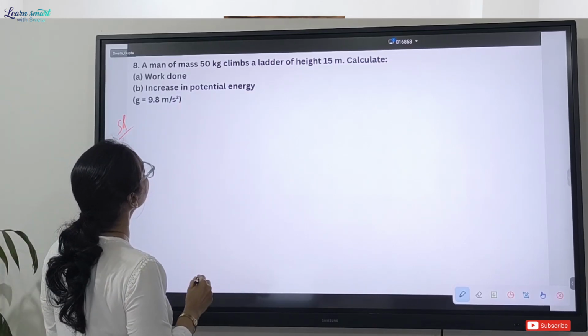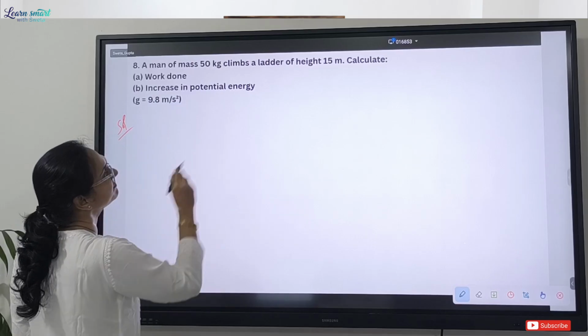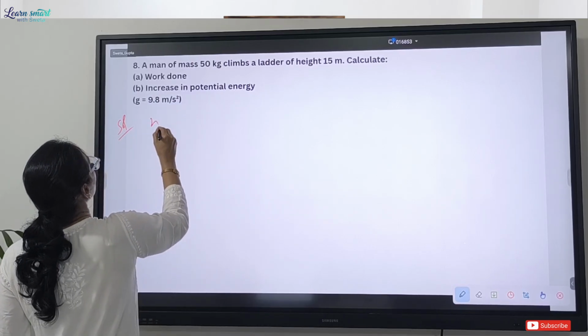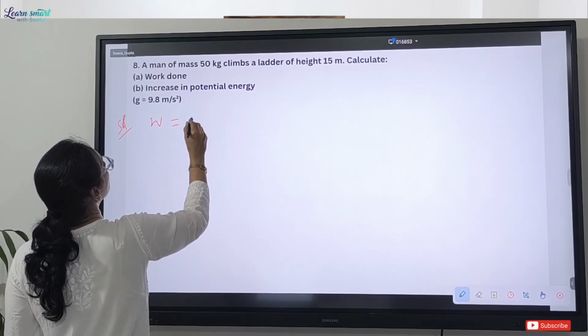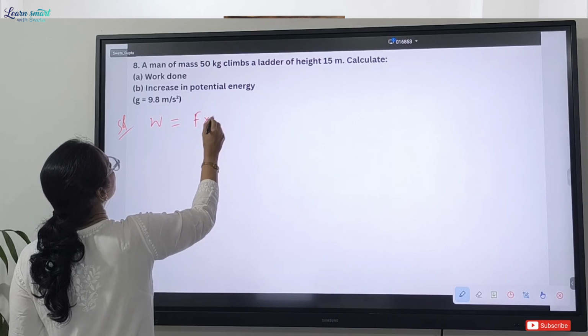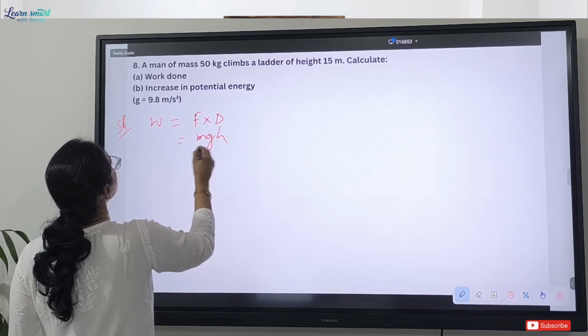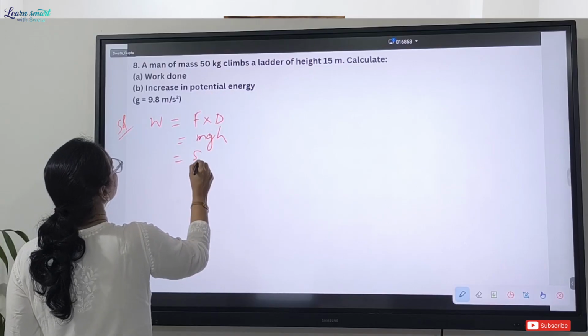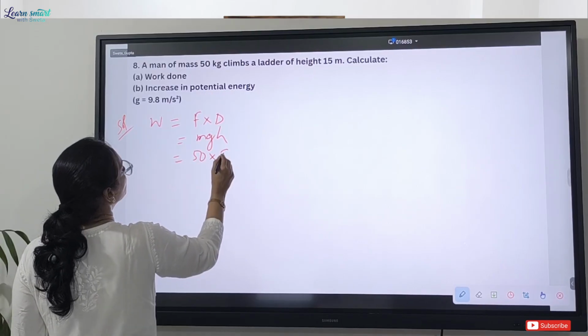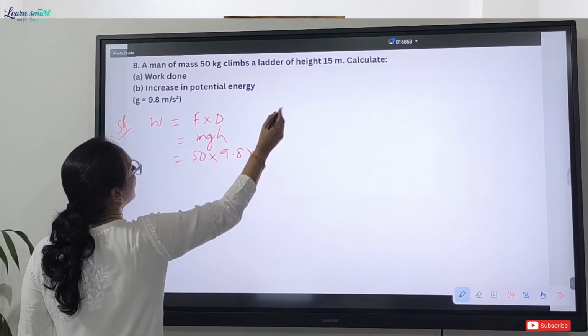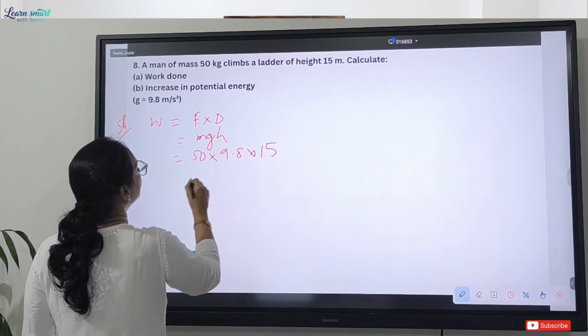Question number 8. A man of mass 50 kg climbs a ladder of height 15 meter. Calculate work done. So work done is equal to force into displacement, or we can also write mgh. Now man's mass is given 50 and g they have told to use 9.8 and height he climbed is 15 meter.